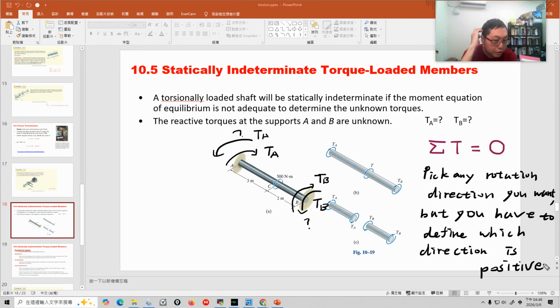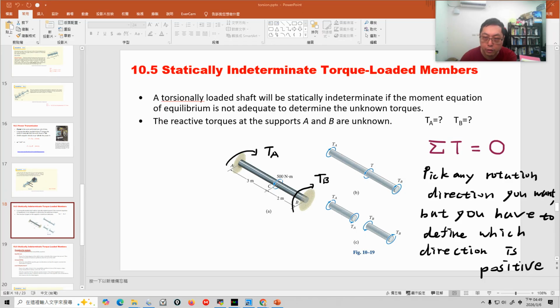Let me explain this in detail. For the reaction torques TA and TB, you can assume any direction you want. For this problem, let's assume TA is rotated this way and TB is rotated this way. We assume TA and TB rotate in this direction.